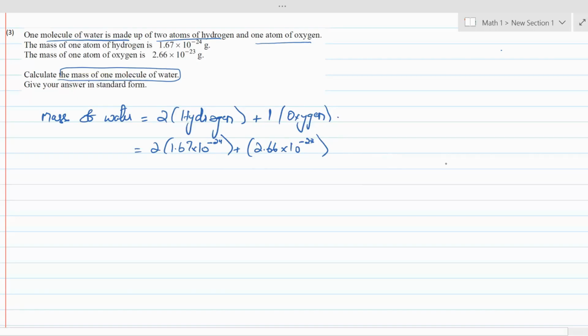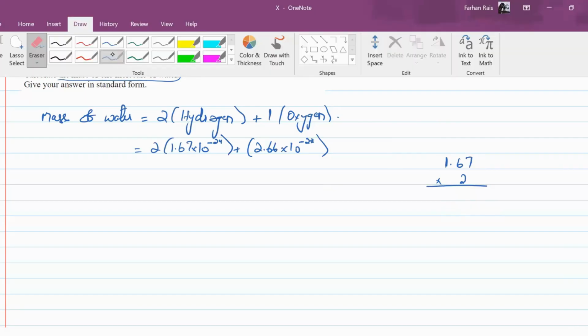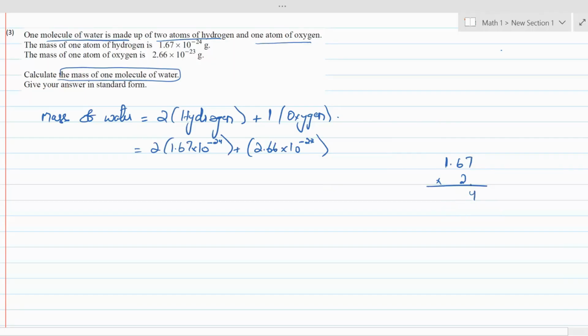2 into 1.67. 2 sevens are 14, 4 and 1 carry. 2 sixes are 12, 12 plus 1, that's 13, 3 and 1 carry. 2 ones are 2, 2 plus 1, that's 3.